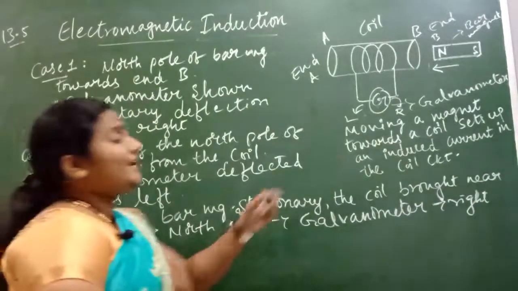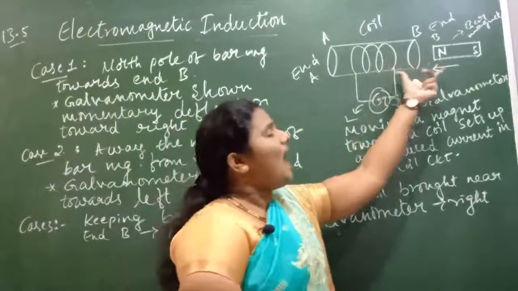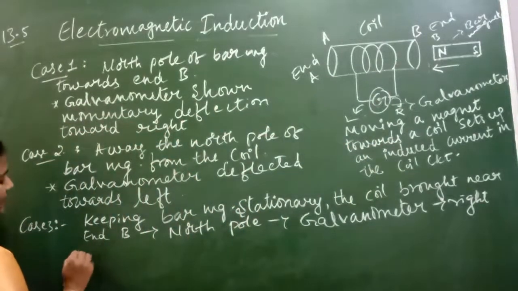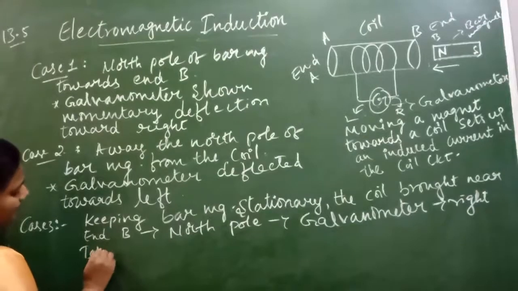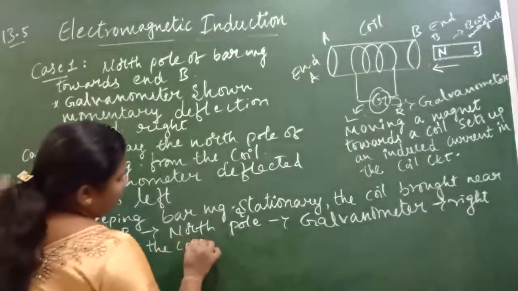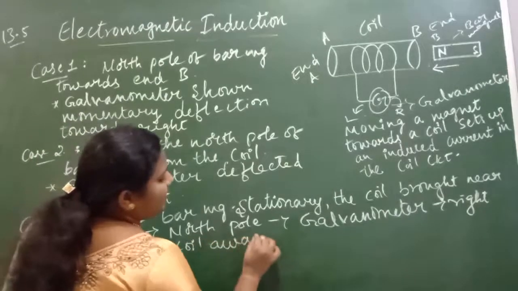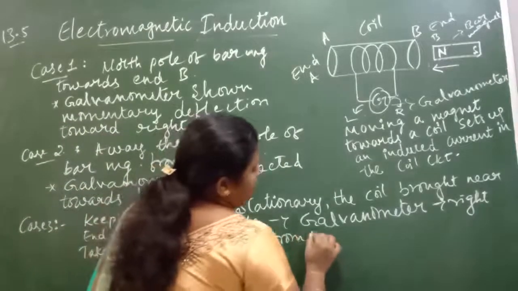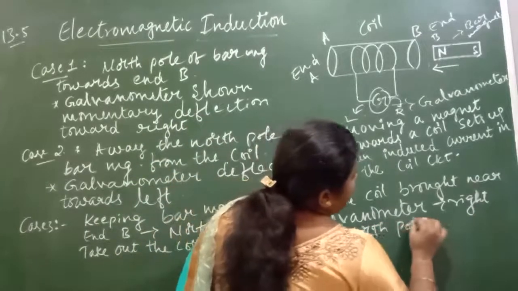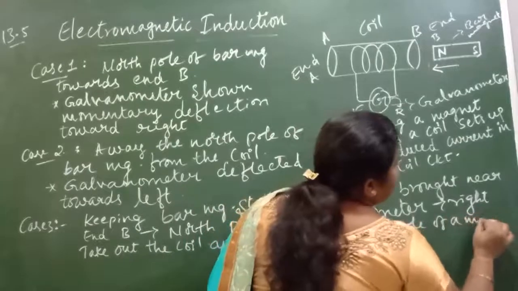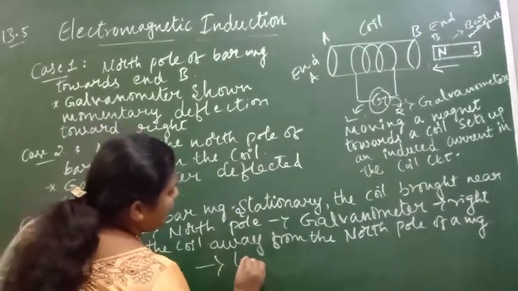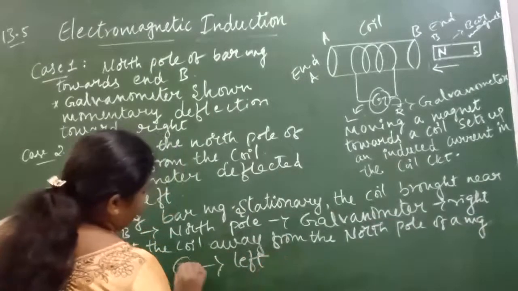And similarly, when we take out this coil away from the north pole of the magnet, once again the galvanometer has deflected to the left, isn't it, children?